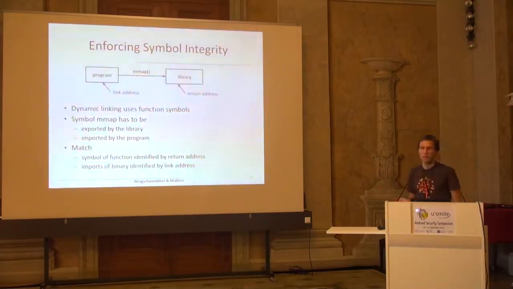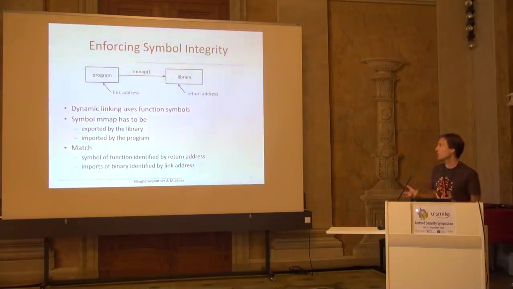For symbol integrity, if you think of a normal program that uses mmap, then the symbol mmap has to be, on the one hand, exported by the library, which would usually be libc, and it has to be imported by the program, right? So it has to be in the import table of the actual program. And with symbol integrity, what we basically do is check the symbol of the function that we have identified by the return address.